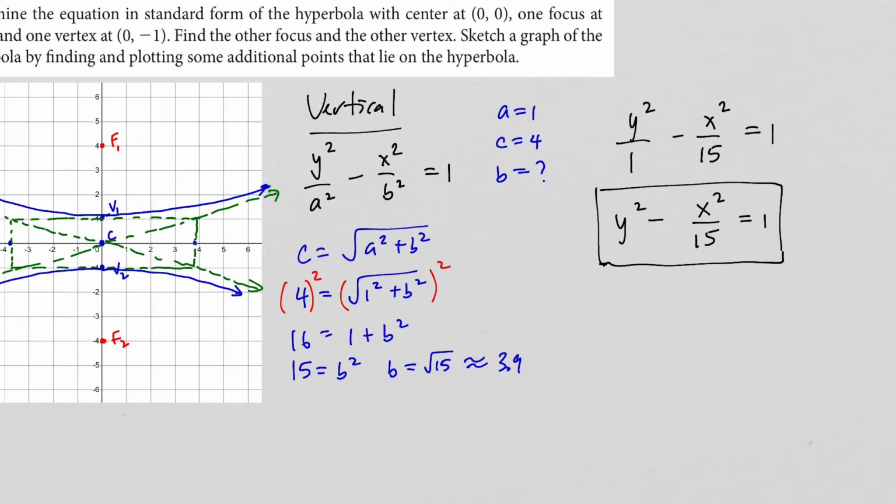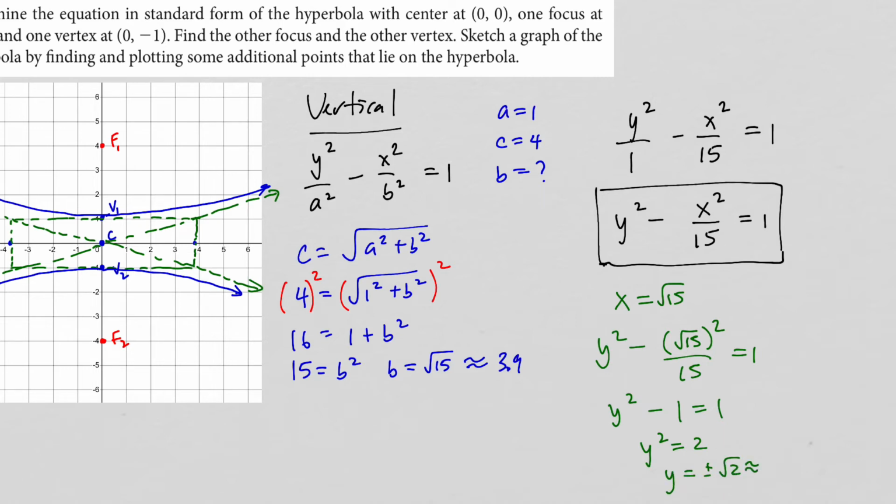So let's just do that real quick. If I plug in x equals the square root of 15, then y squared minus the square root of 15 squared over 15 will be equal to 1. And this will be y squared minus 1 equals 1, which means that y squared would be equal to 2. And so y would be plus or minus the square root of 2, which is approximately plus or minus 1.4.